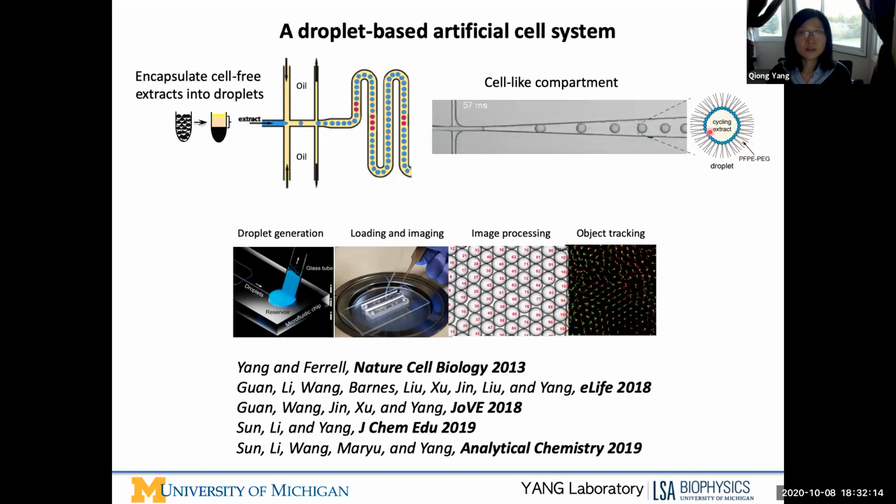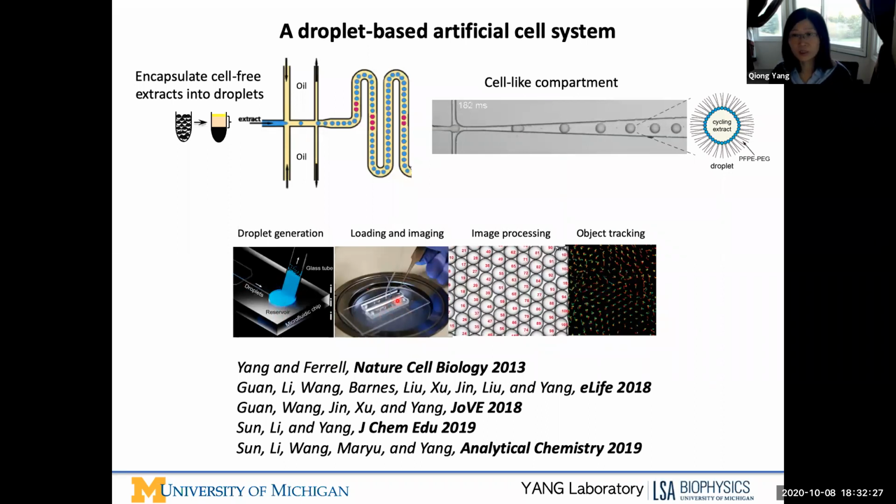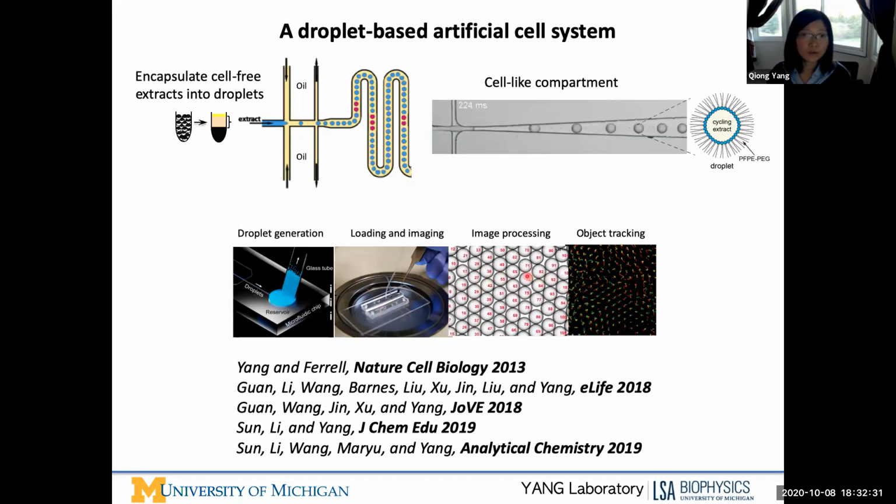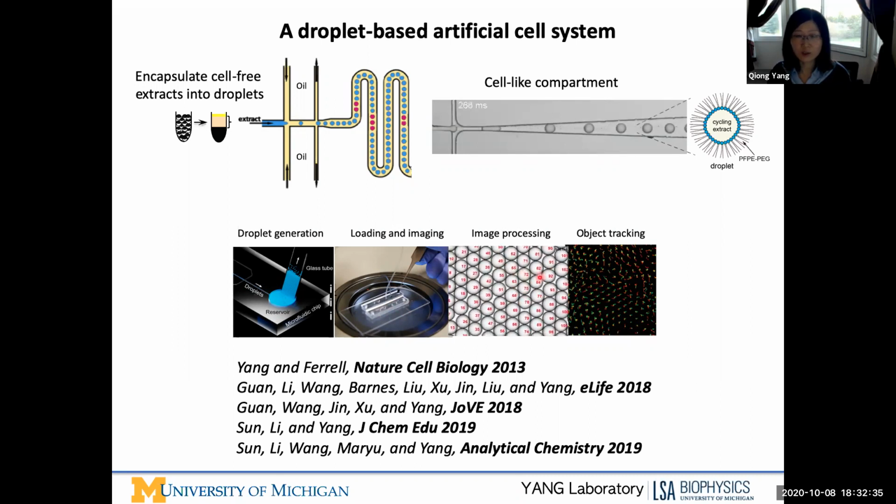It's a cell size, so we can mimic real cells by using these little droplets. After generating these droplets, we can load and incubate them in the two-dimensional chamber on the microscope. Then we can use image processing to segment and track each droplet and analyze their behavior.